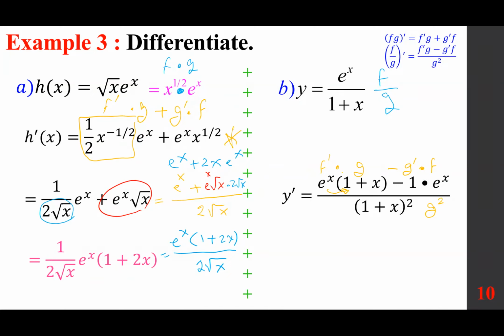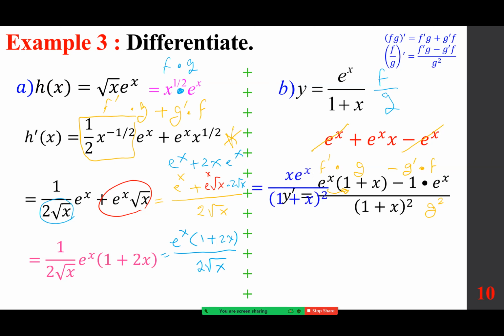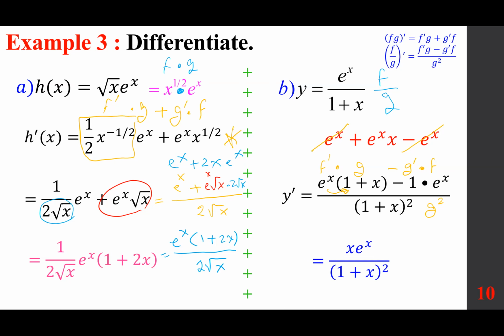And the last piece, we just write it as negative e to the power of x. We can cancel those two. And we put the x in front of e to the power of x. And now we have the final answer.